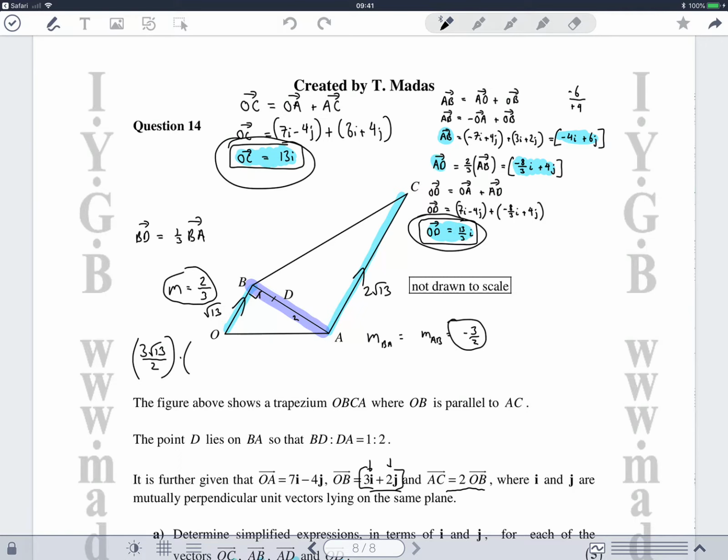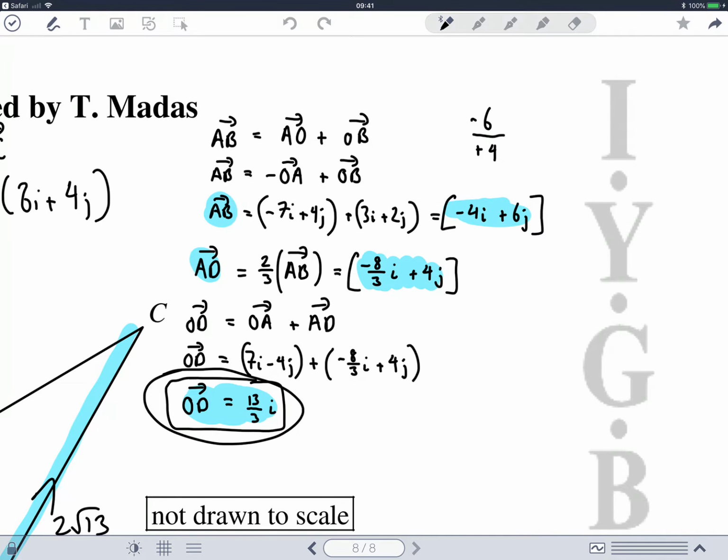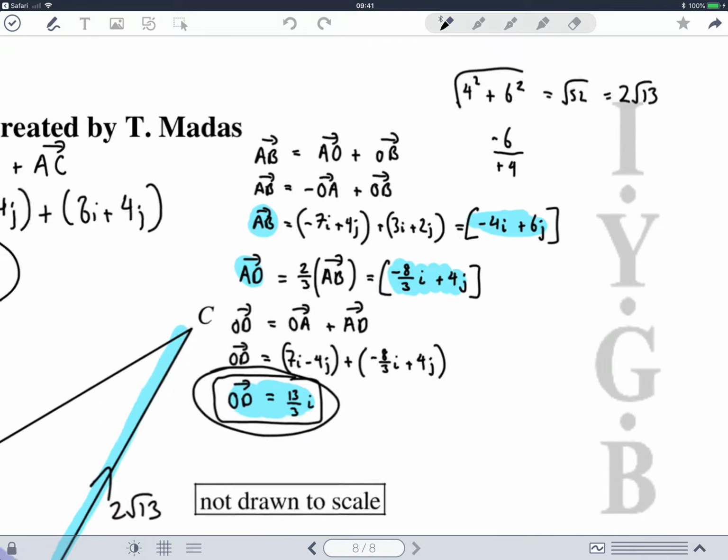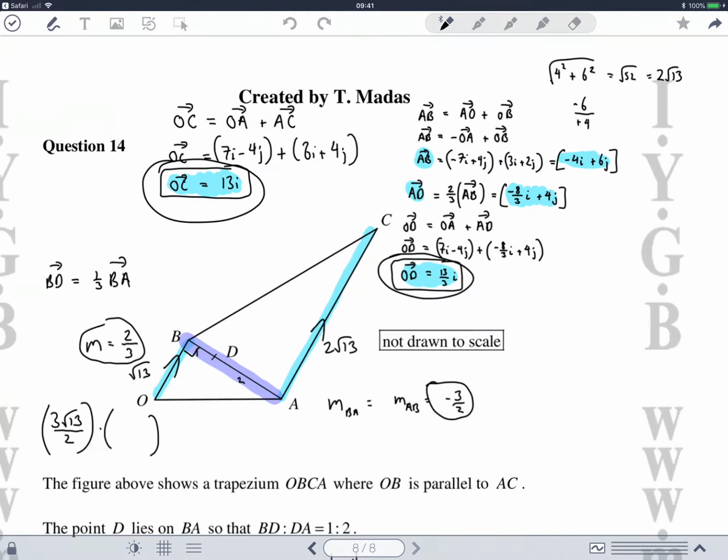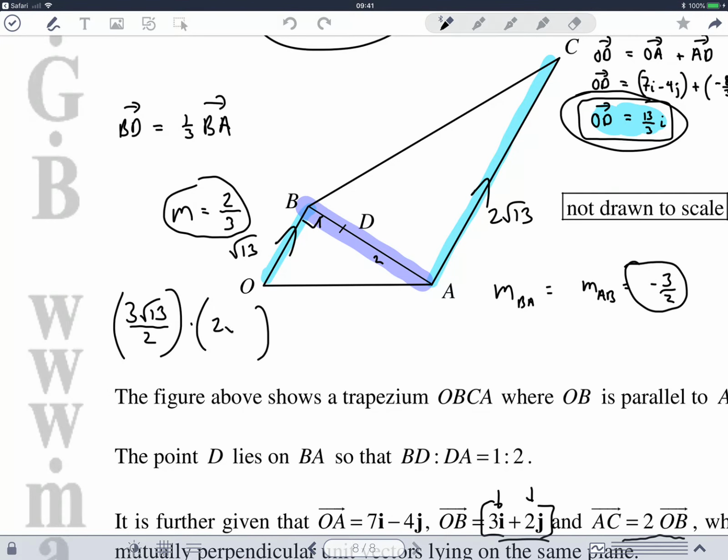And now we have to times that by the length from B to A. Well, we've got A to B over here, so we're going to have 4 squared plus 6 squared square rooted, which is root 52, which I believe is 2 root 13. 4 times 13 is 52. Yep, so this becomes 2 root 13. The 2 and that 2 cancel. 3 times root 13 times root 13 is 3 times 13. So that appears to be 39 units squared.